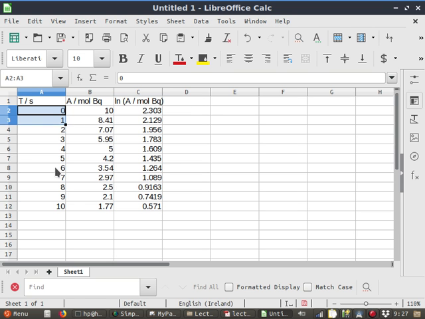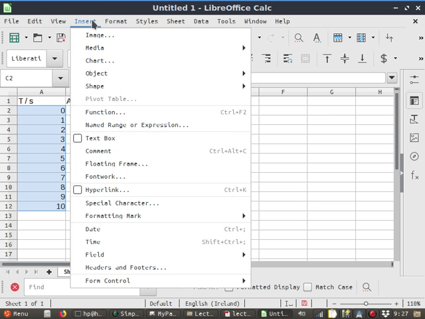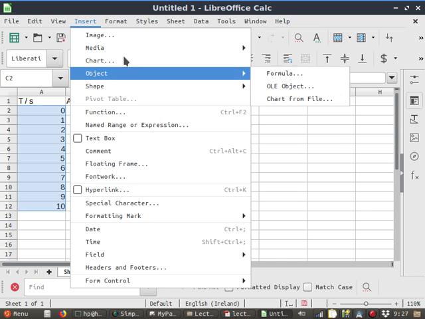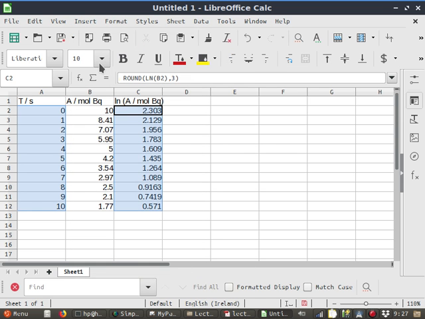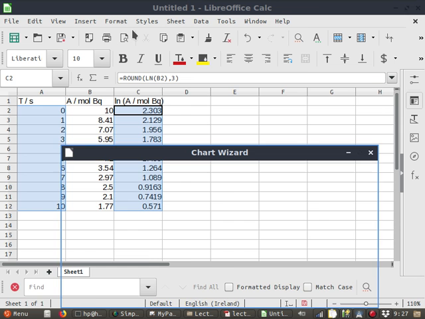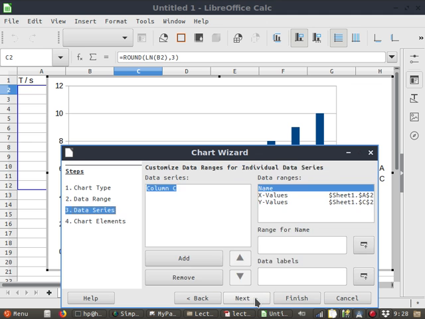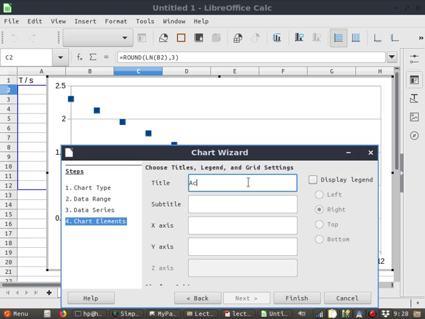Okay, let's plot. Insert, chart. Does anyone remember the name of the graph? You did this in your lab report. What graph do I pick? The scatter, yeah. So this is activity against time. The x-axis is time in seconds.